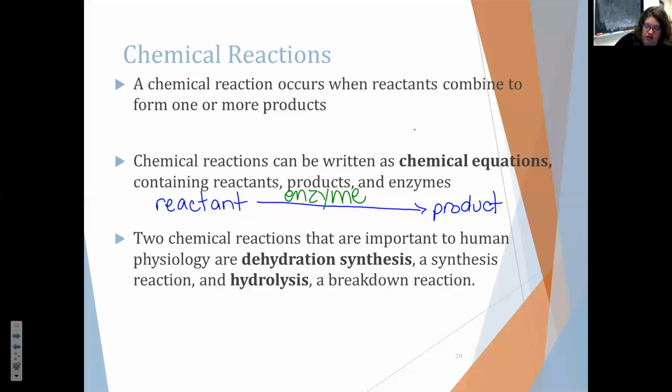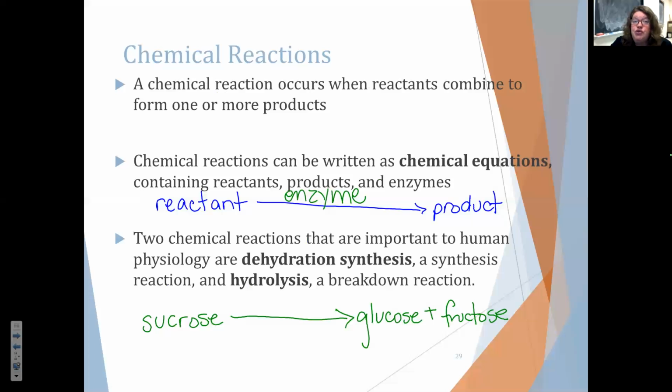So, for example, one that we use pretty commonly when we're learning in this chapter is the idea that there is a sugar called sucrose. Sucrose is a disaccharide. It's made of 2 sugar subunits. It's made up of glucose and fructose.